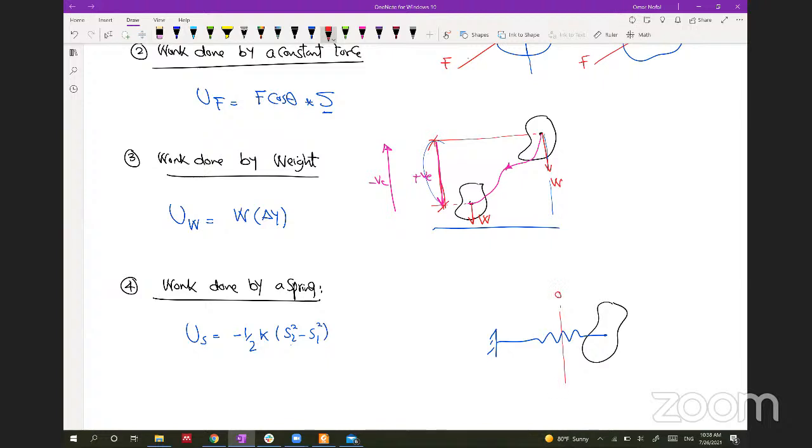So this is our zero that we measure from, and this is how much initial stretch we have, S1, and we stretched much more to make this body come here. So this will be S2, so it will be negative half K (S2 square minus S1 square), or you calculate the delta S and square it, but I would rather use S2 square minus S1 square.